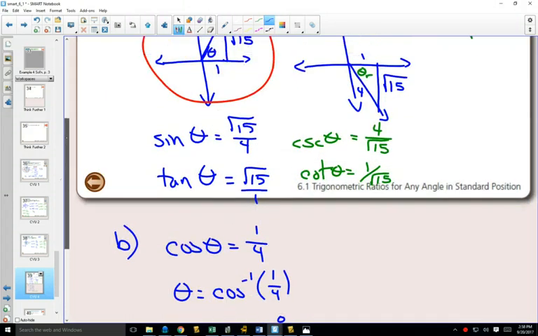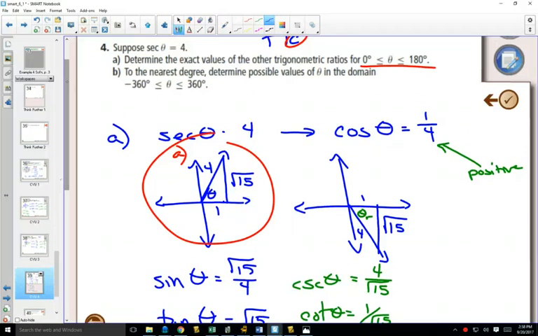Have we answered everything they want in part B? They want all answers from negative 360 to 360. One way that I visualize things when I have negative angles and positive angles is I sort of use 0, because you know how 0 starts right here? And I look at my positive answers first.